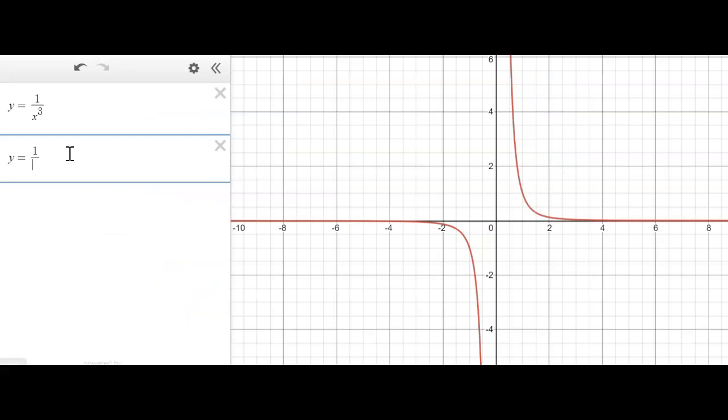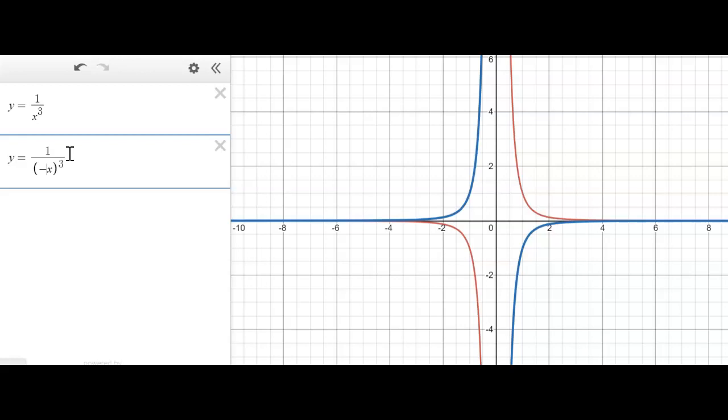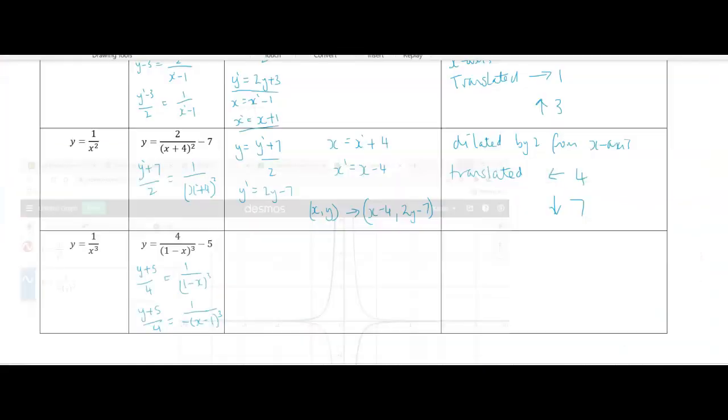Okay, so if I did the negative x there, it is a dilation from the y-axis. But if I took it out the front, it's a dilation from the x-axis, and you can see it's exactly the same. So that negative sign, it doesn't matter whether it stays with the x's or goes over with the y. But the order does matter. So I'll talk about the order when we do our mapping.